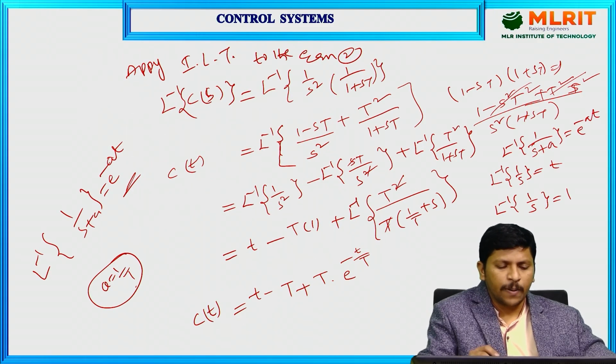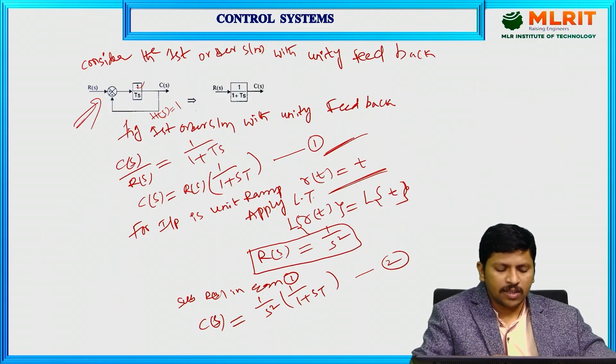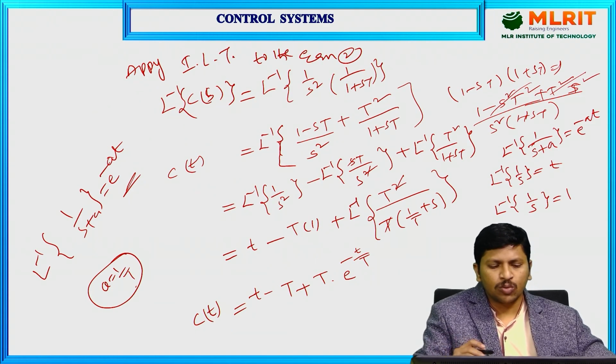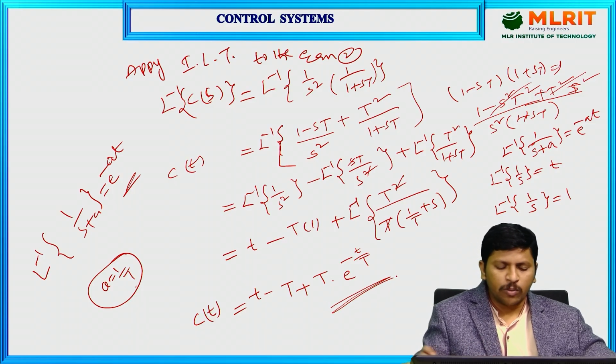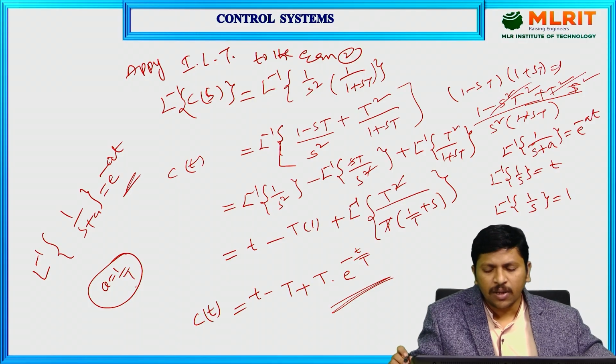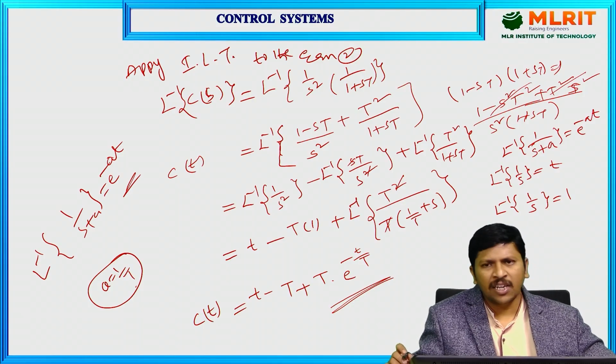Finally we got C of s, the response of the system in the s domain. After that, apply the inverse Laplace transform to the s domain equation. Finally we got the time domain response, the transient response or time response, of the first order system for the unit ramp signal.